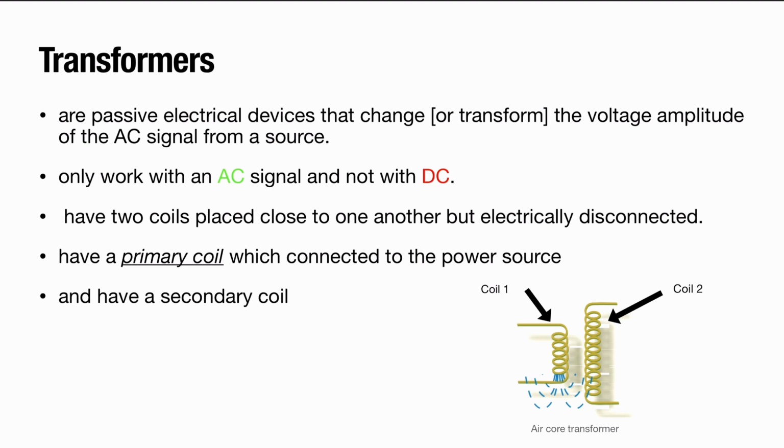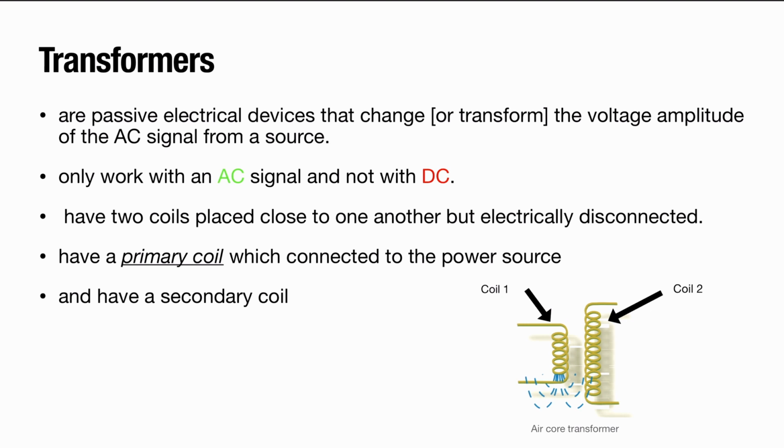And a typical configuration with a transformer is that it has two coils. Think of coils as windings, a wire that is wound into loops. So typically in a circuit, a transformer will be represented by this symbol. Notice here we have a coil on the left and a coil on the right.